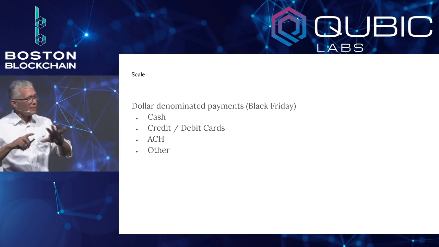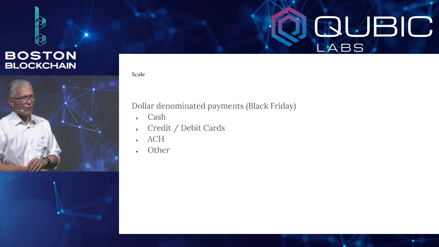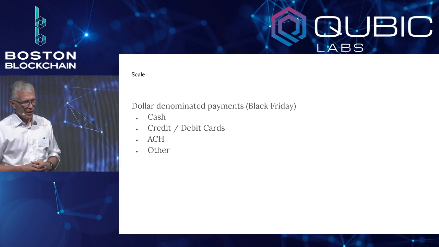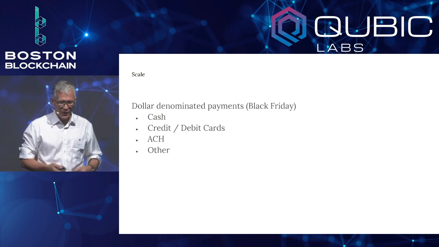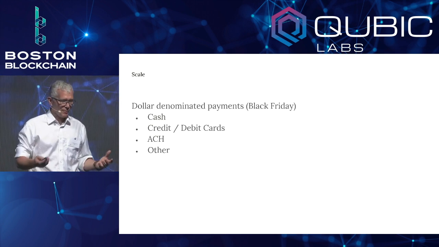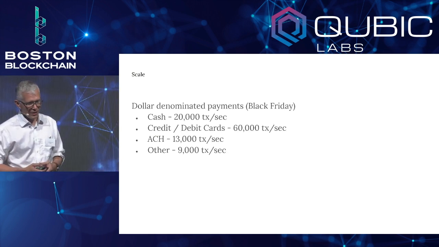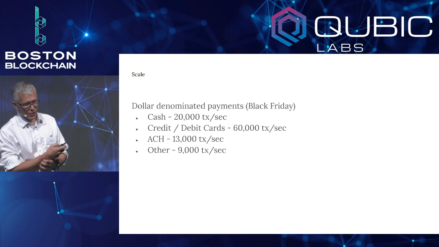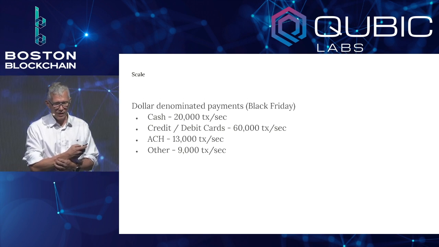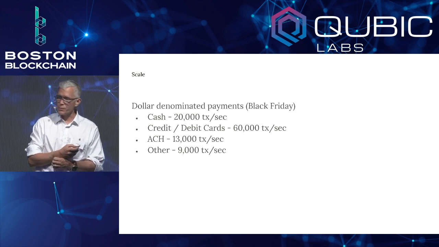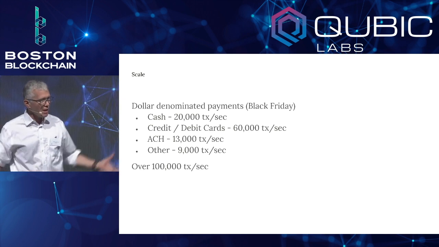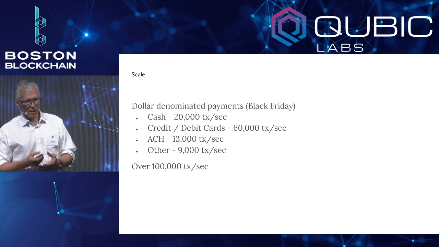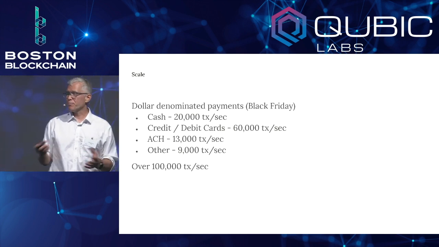They have this deep network of information and can tell you the answer. We all kind of know how much credit cards do and how much ACH does, and this is what they said: 20,000 transactions a second of cash. Debit cards are 60, credit debit, and then 13 ACH. Basically, if you boil it down and round things out, 100,000 transactions per second at peak.